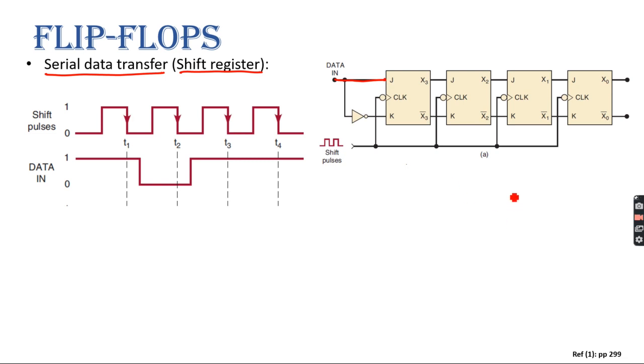So whenever you have a JK flip-flop, and Q prime is the output, and J and K have inverted inputs, this JK flip-flop will work as a D flip-flop, right?